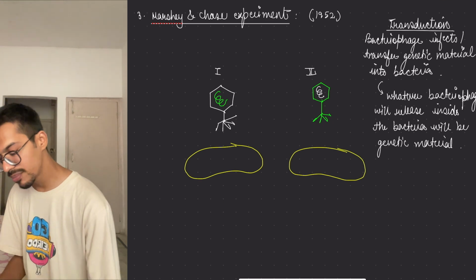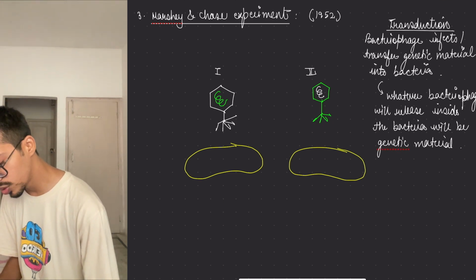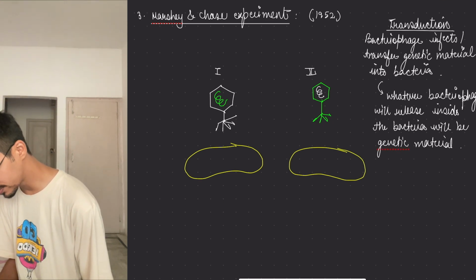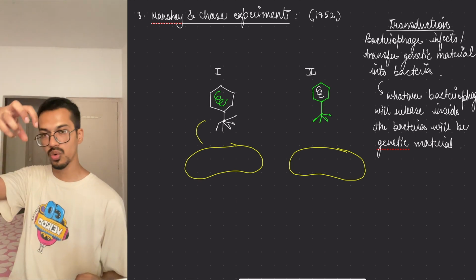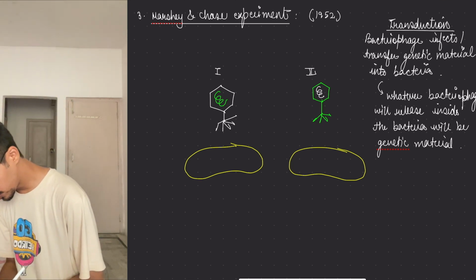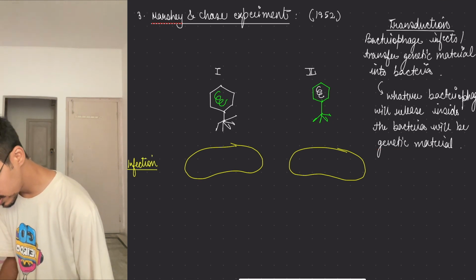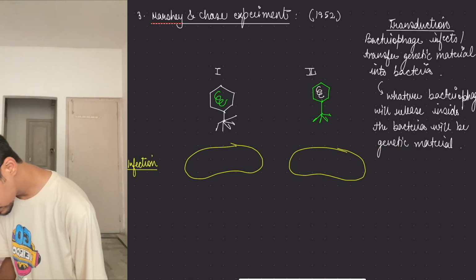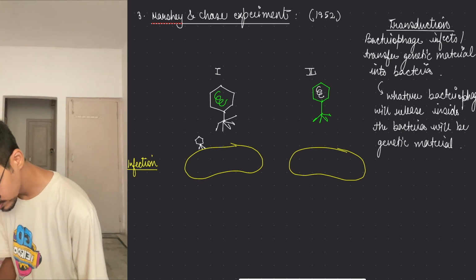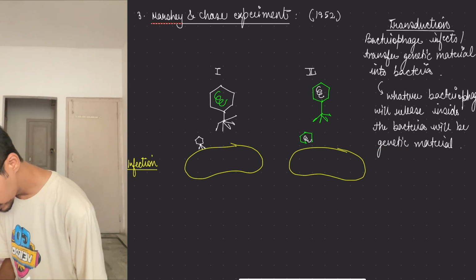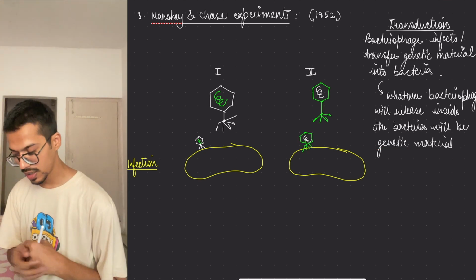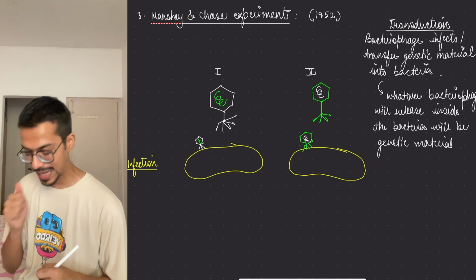Okay, now what happened? The first step would be infection. In infection, the phage goes and attaches to the bacteria. Both bacteriophages attach themselves to their bacteria. After infection, what will happen?